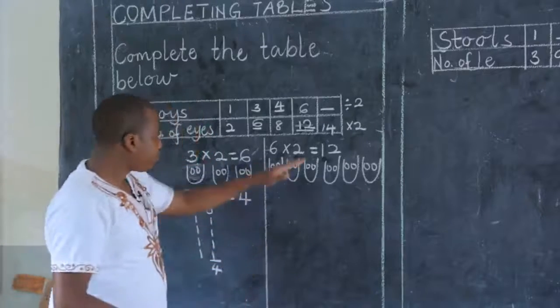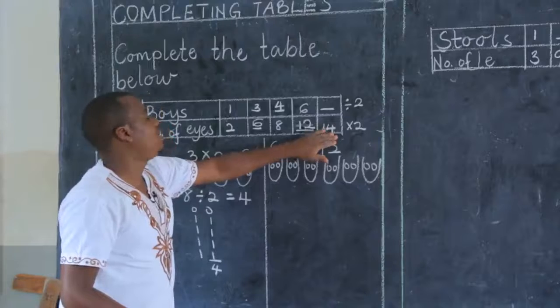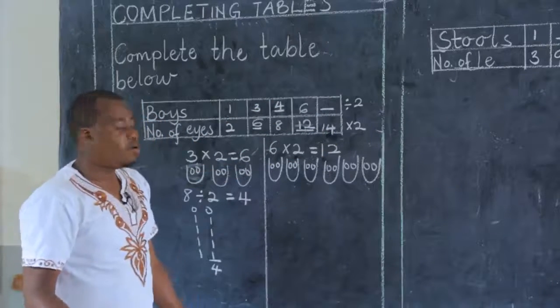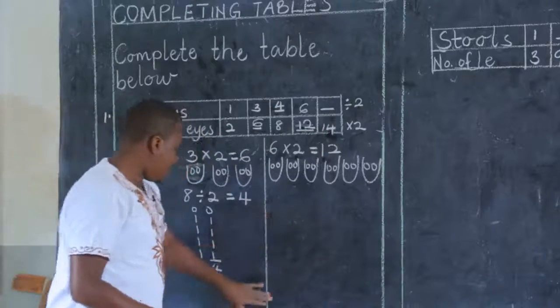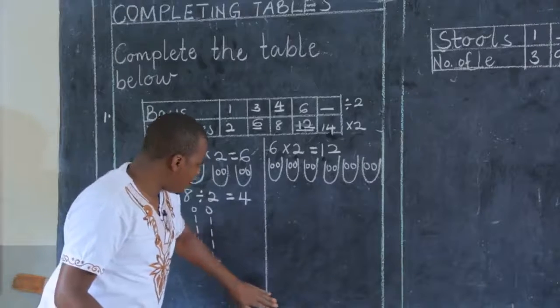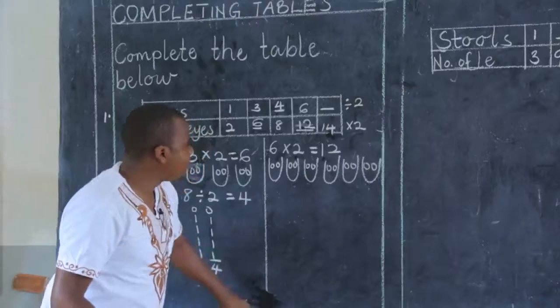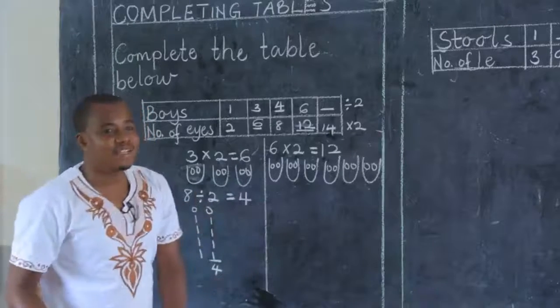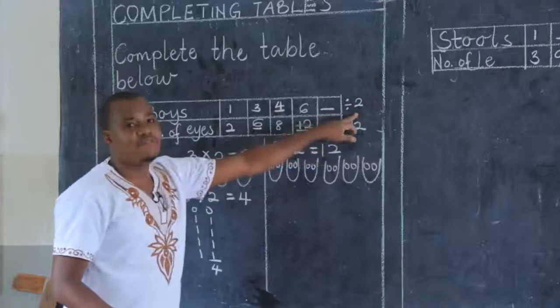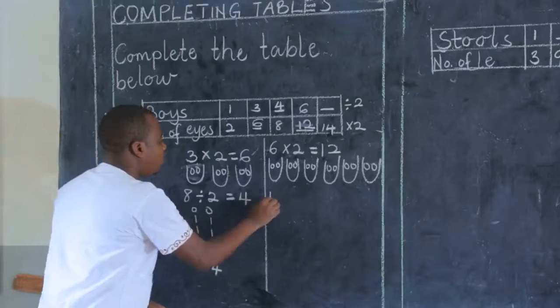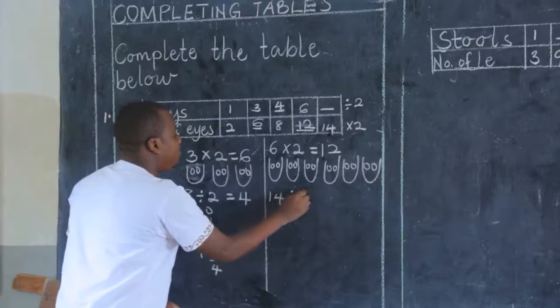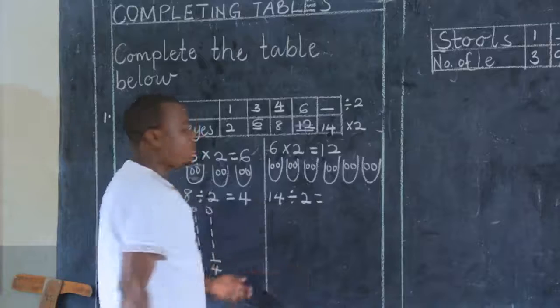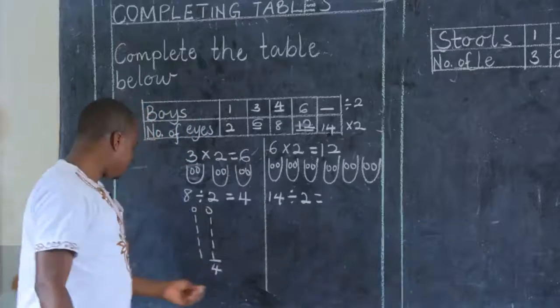What do we have? We have the number of eyes, so we are going to find the number of boys. Can we find together what we are going to do to find the number of boys? We are going to divide. And how do we divide? We shall have 14 divided by 2. So I will come here and have 14 divided by 2. How many 2's are in 14?